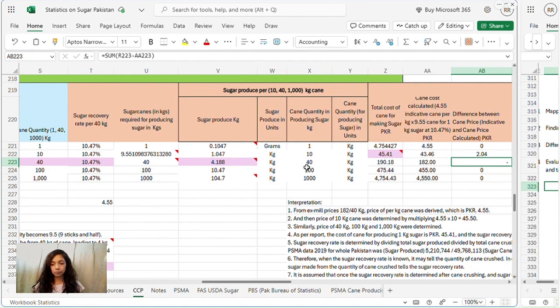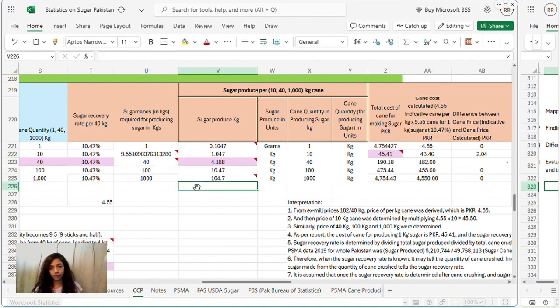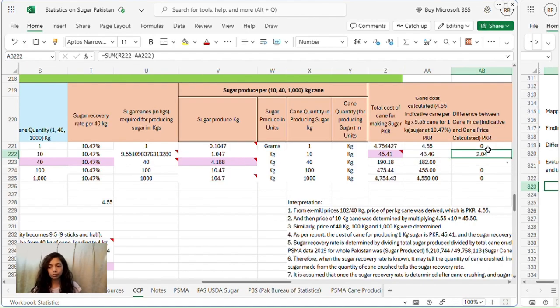When you try to find out the cane from this number 4.188 with reference to this number which we got here, this 9.5 and not 10, we are going to get this number 43.46.